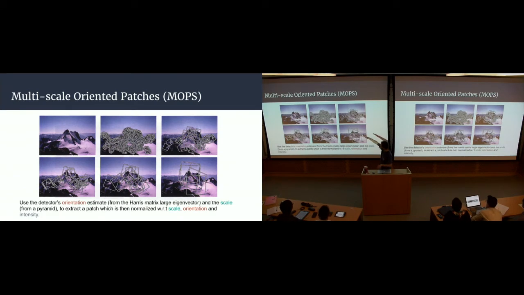So we can do it in different scales. We just take those things, we unroll them, and we match them together. That's a good idea, working with just pixel patches. But it has some disadvantages. It won't be that invariant to things other than rotation.